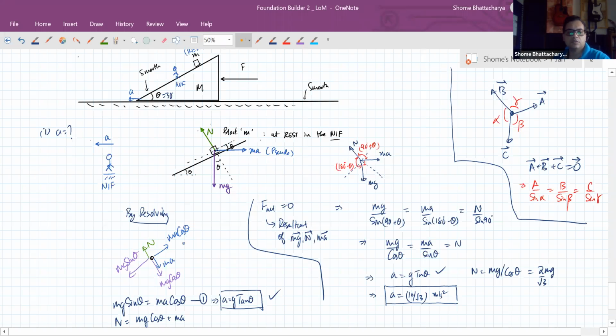This is the cos component and this is the sine component. Okay.